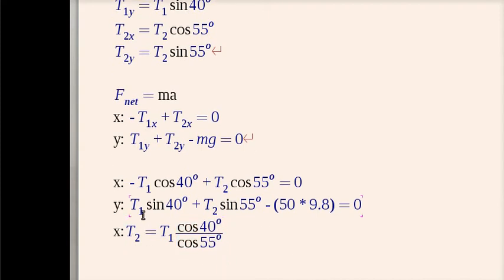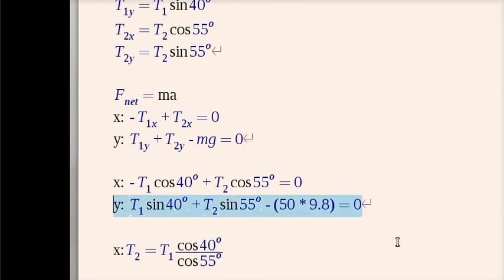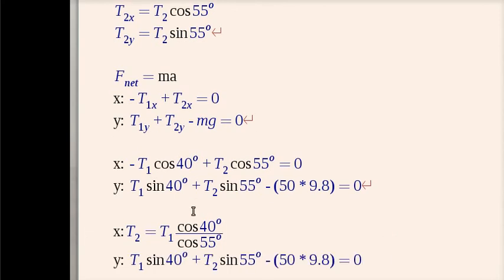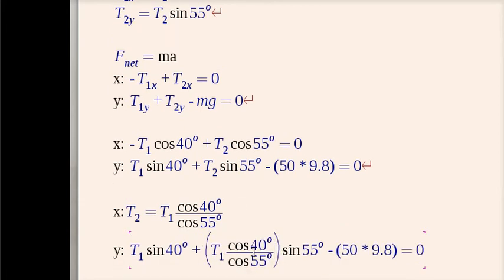And then I would plug this into T2 in the y equation. So copy the y equation, but for T2, put that. And then again, plug all these cosines and sines in your calculator so that you get a nicer number.